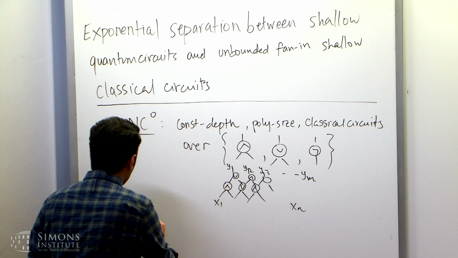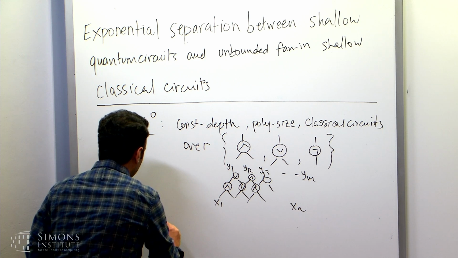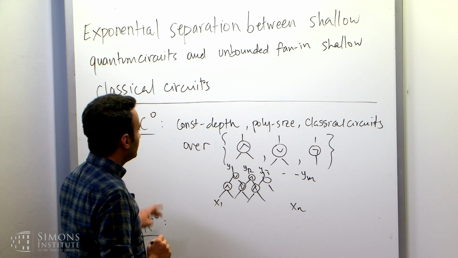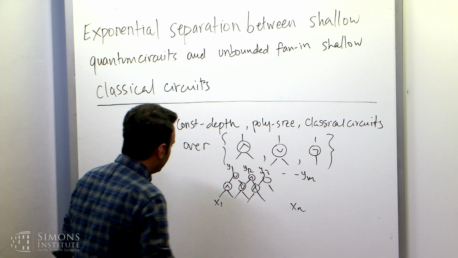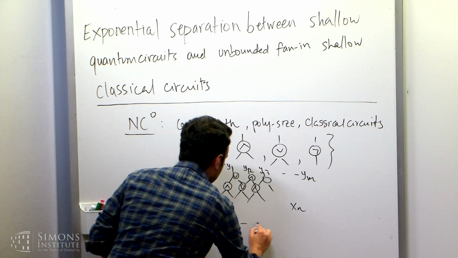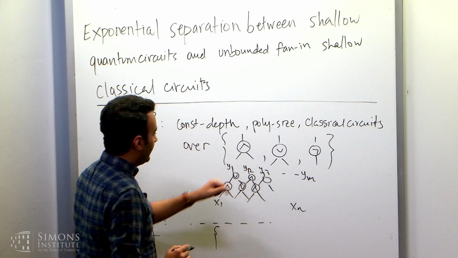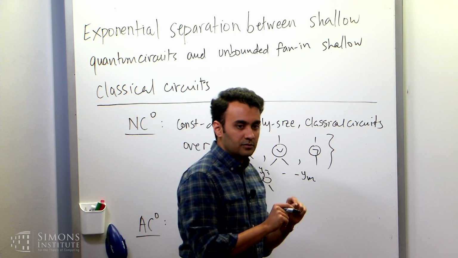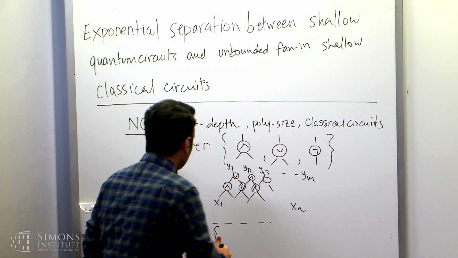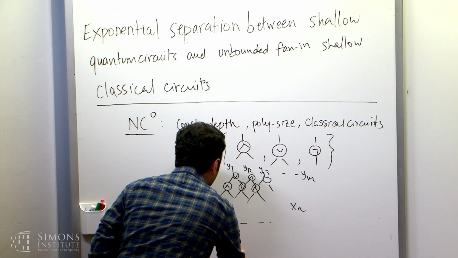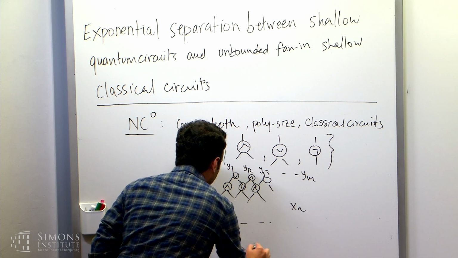The other player, maybe I'll introduce it here. AC0 is very similar to NC0, except the gate set is different. All of this is the same, but the gates now can have unbounded fan-in, which means they can take in as many inputs as they want. It's kind of clear how the AND and OR gates would generalize to unbounded fan-in.